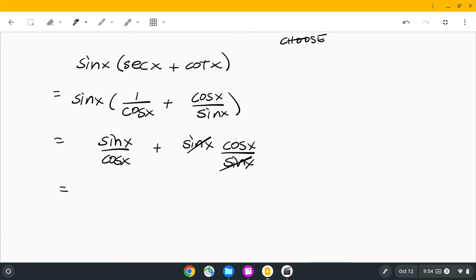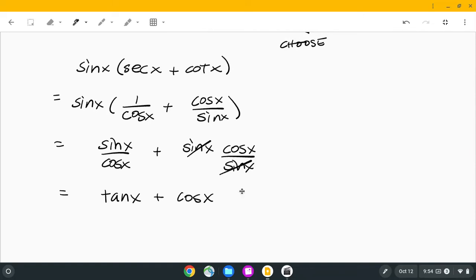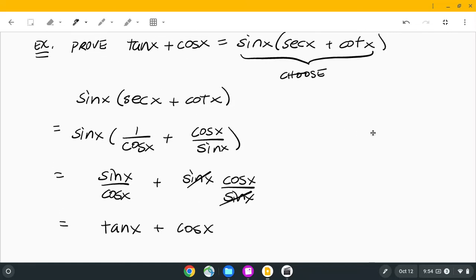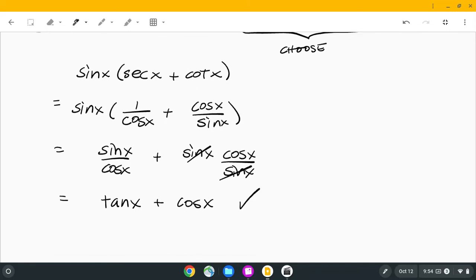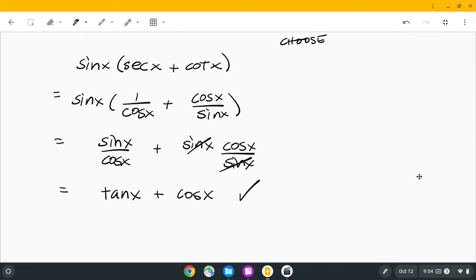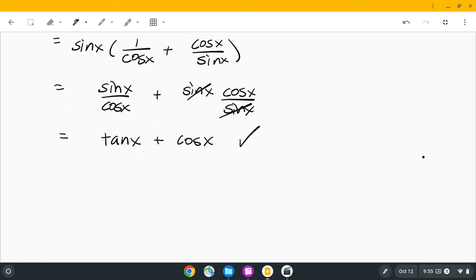So now sine x over cosine x is tangent, and here I'm left with cosine, and this is the other side, tangent x plus cosine x. So I can stop here. Hopefully this is making some sense. It really helps to know the identities, the basic ones. Okay, so let's try another one.